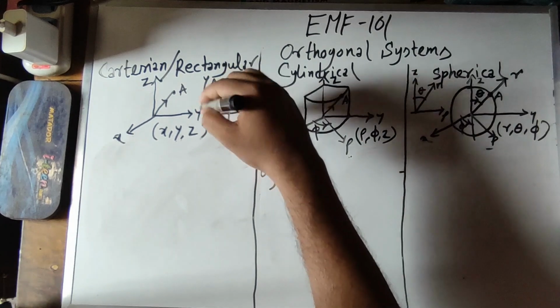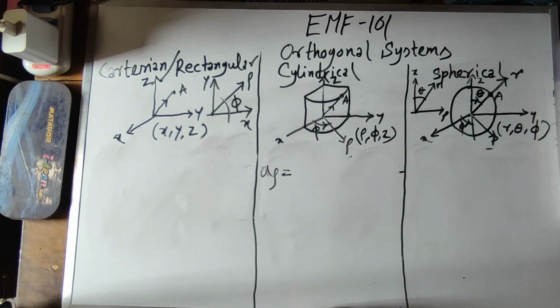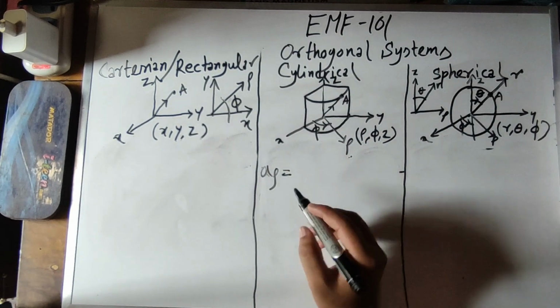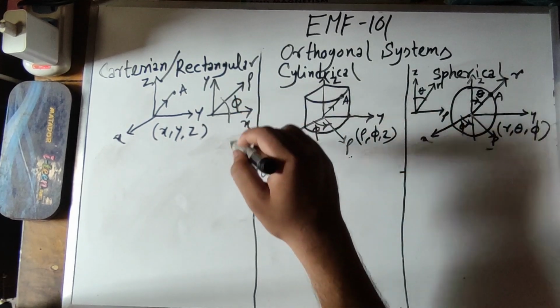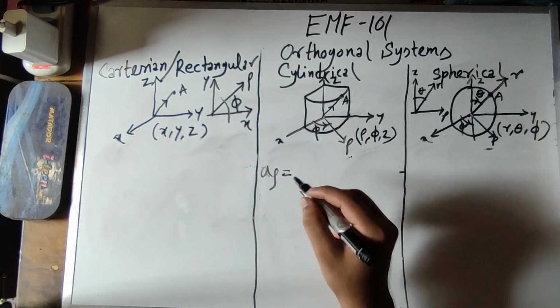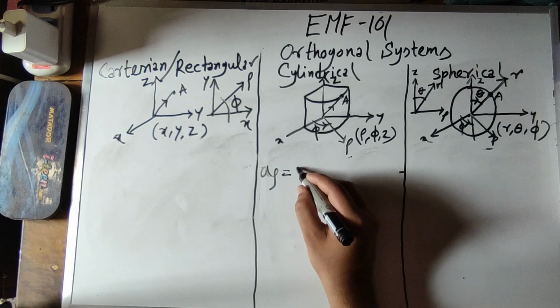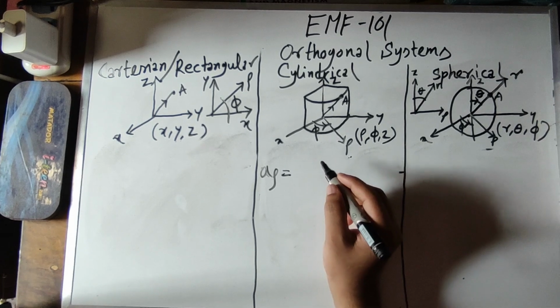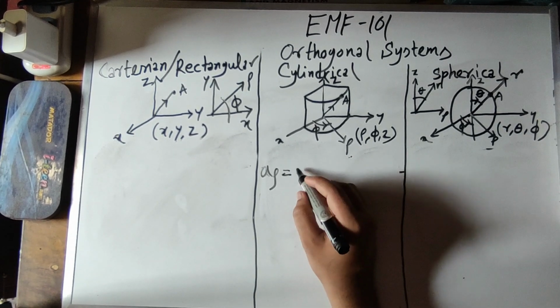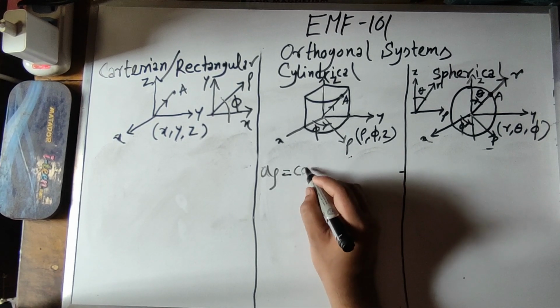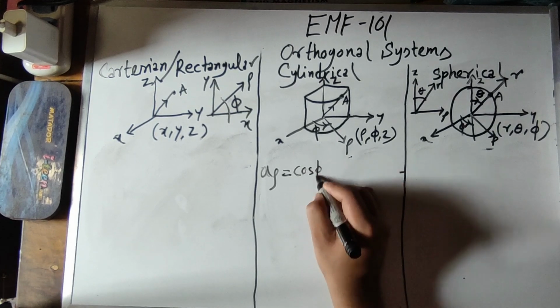If we see this diagram, we will be able to see that rho has component cos phi in the direction of x. So a rho has an x component, unit vector ax, with coefficient cos phi.